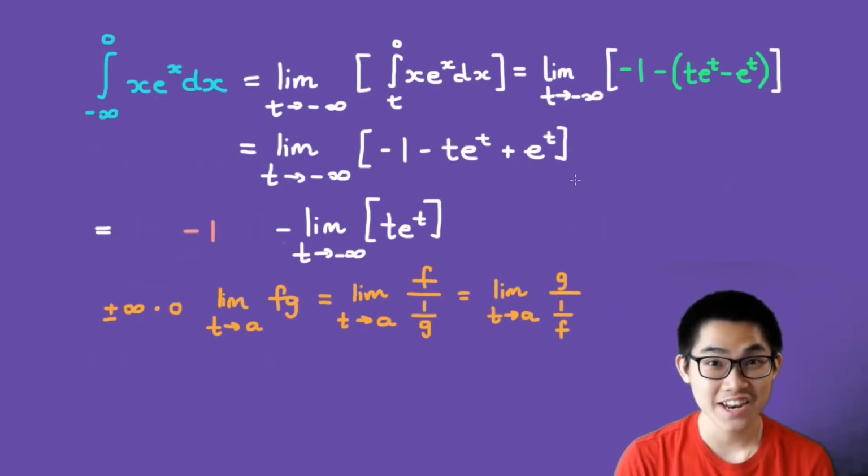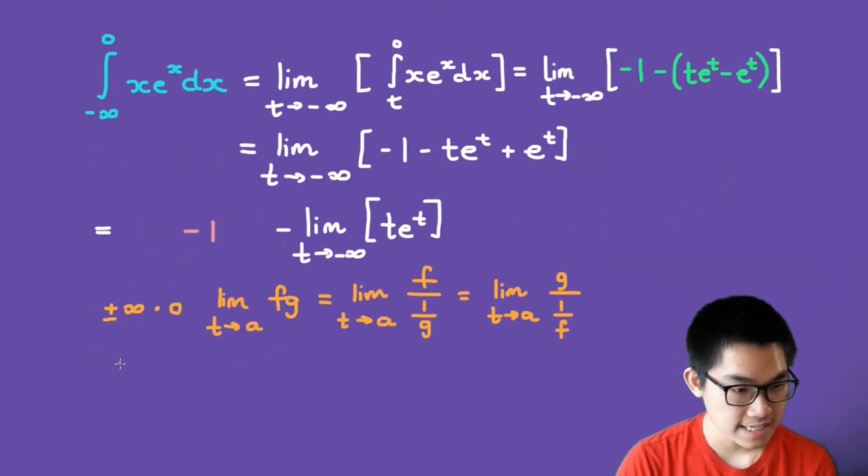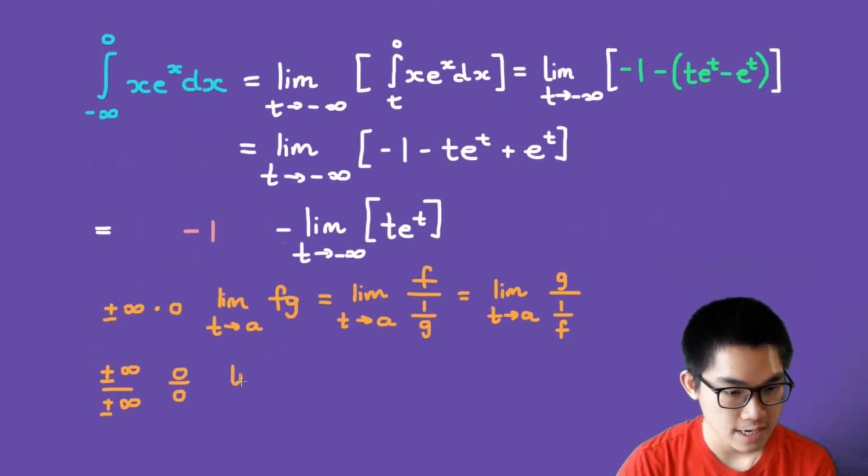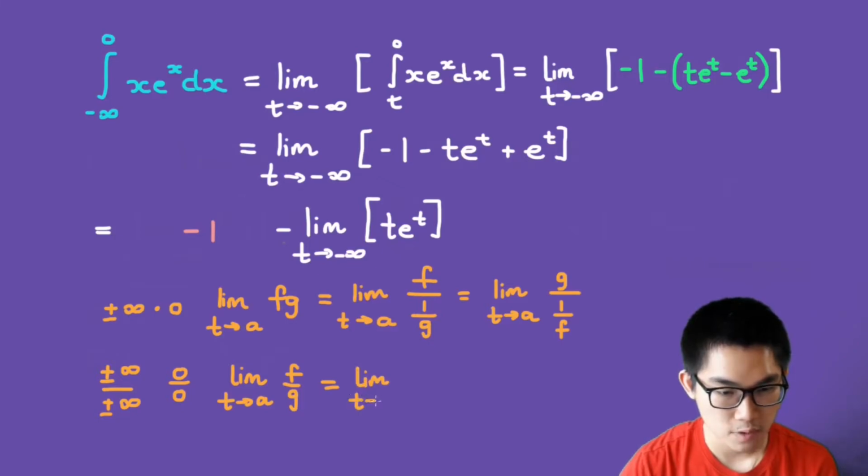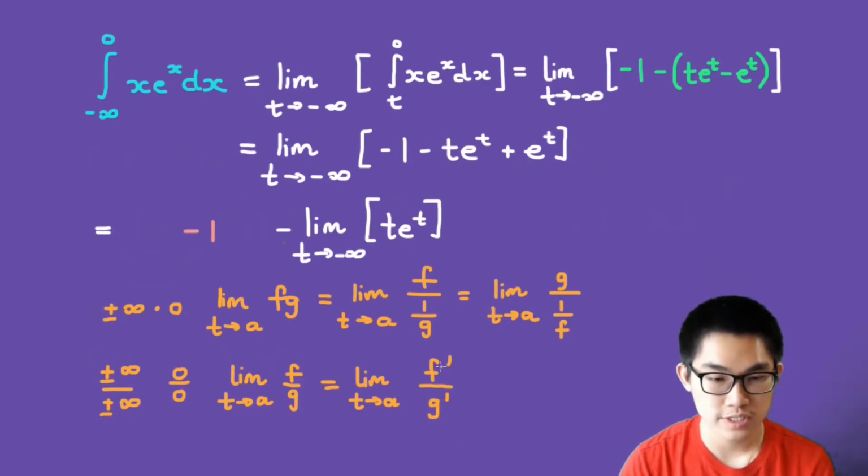The second case scenario for L'Hopital's rule is if you have infinity over plus or minus infinity, or you get 0 over 0. So in this case, you can rewrite the limit as t approaches a of f over g as the limit as t approaches a of the derivative of f over the derivative of g. So you just differentiate the numerator and the denominator.